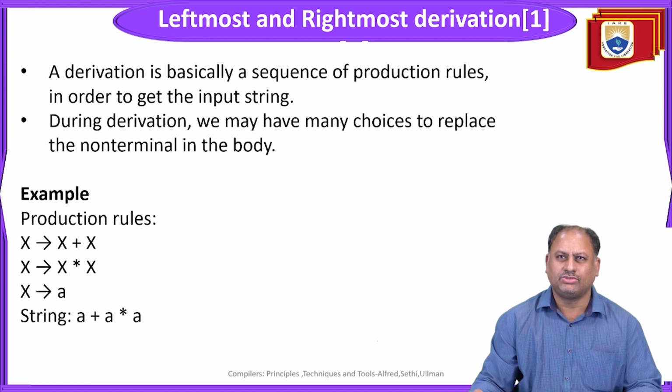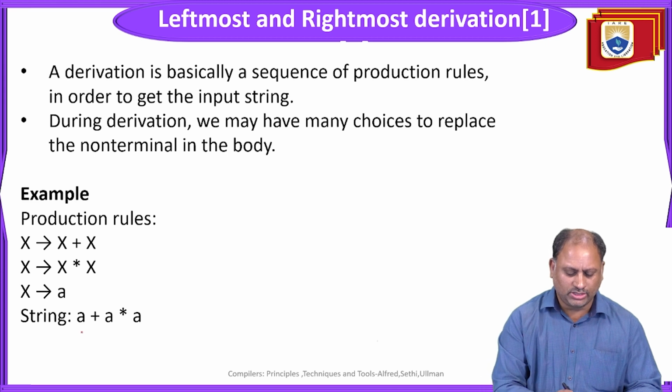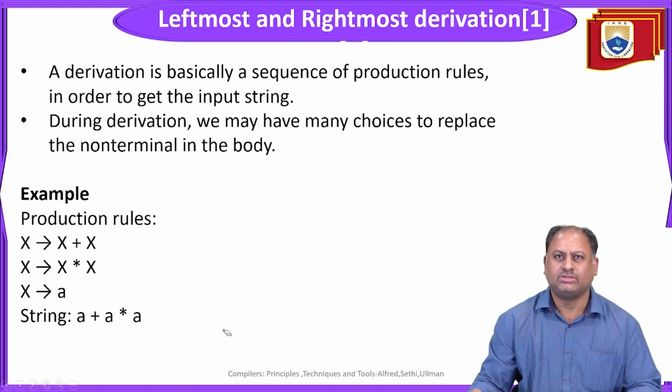Previously also we got the resultant input string by repeatedly applying several productions. We have to apply them suitably, and that must be taken care of. We may have various choices for which particular non-terminal to replace, so to get the resultant string, we can replace based on our choice.